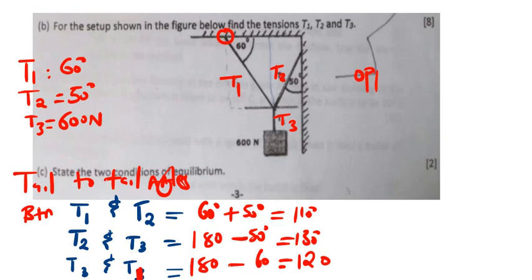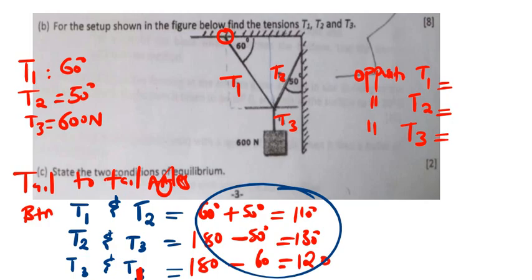Opposite to T1, opposite to T2, and what other thing? Opposite to T3. Okay, these are the interior angles that we've added. However, we also have to find their opposite.